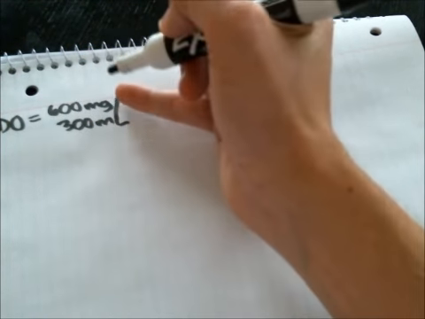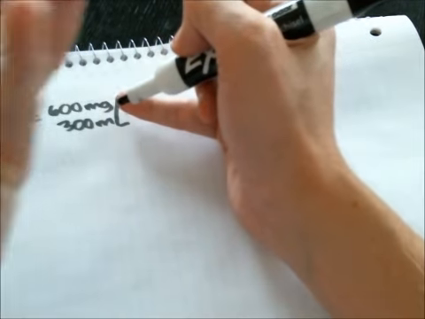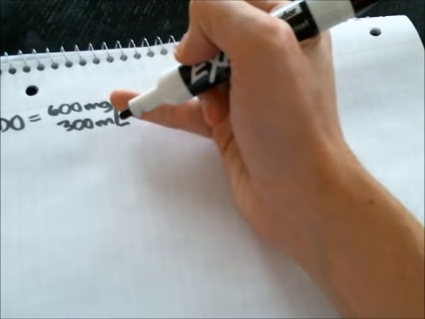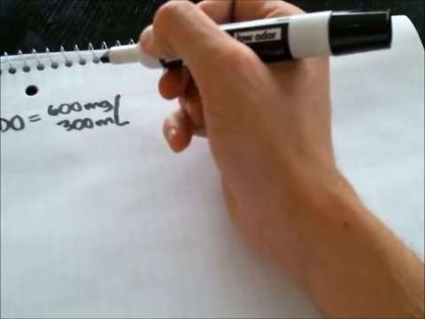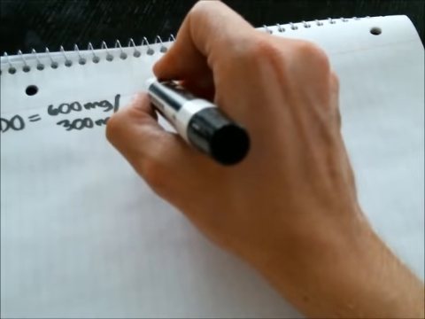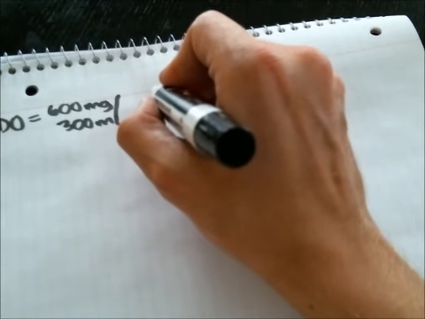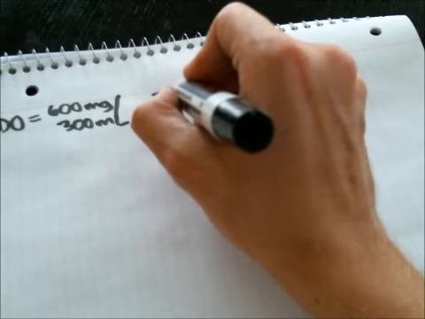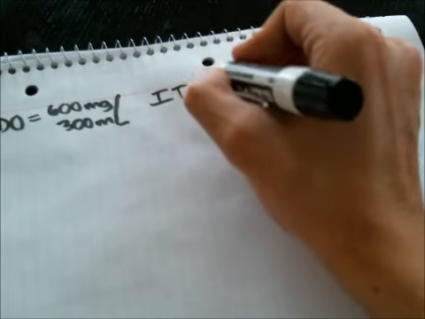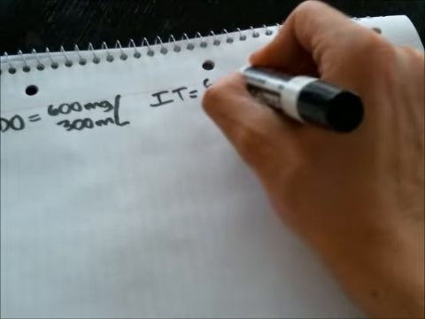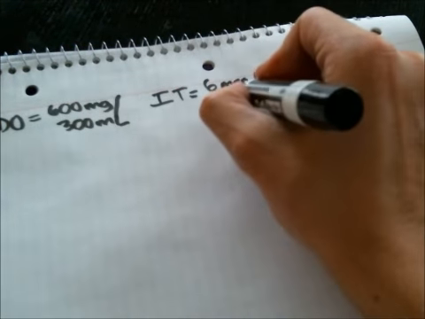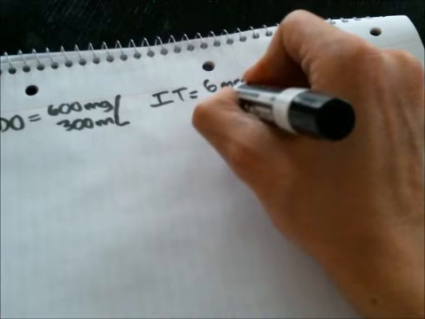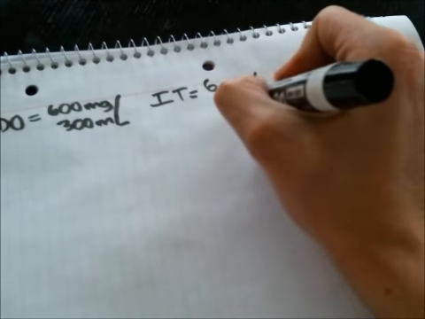So we've got 600 milligrams in this bag of 300 milliliters of fluid. Okay, that's what the doctor ordered. The infusion time, let's call that infusion time, is 6 micrograms per kilogram per minute. Okay?